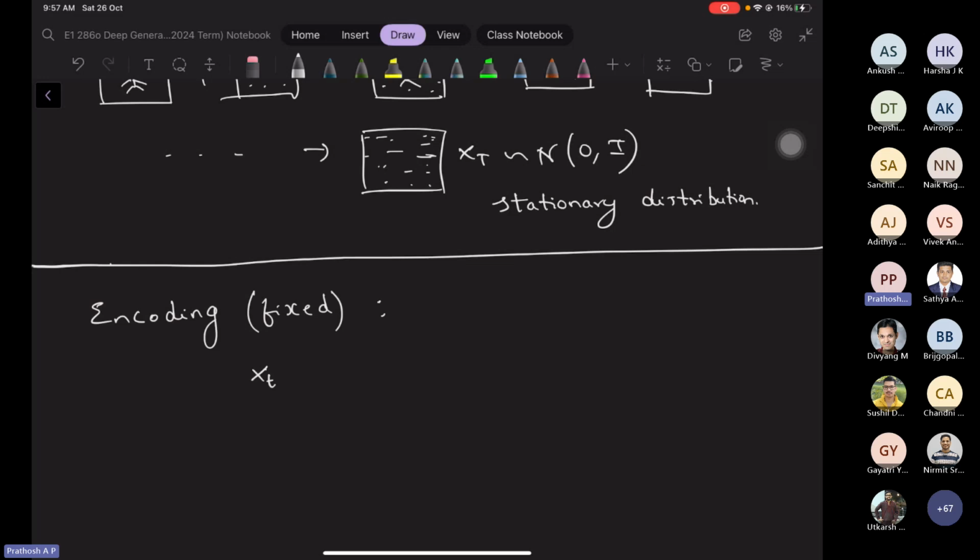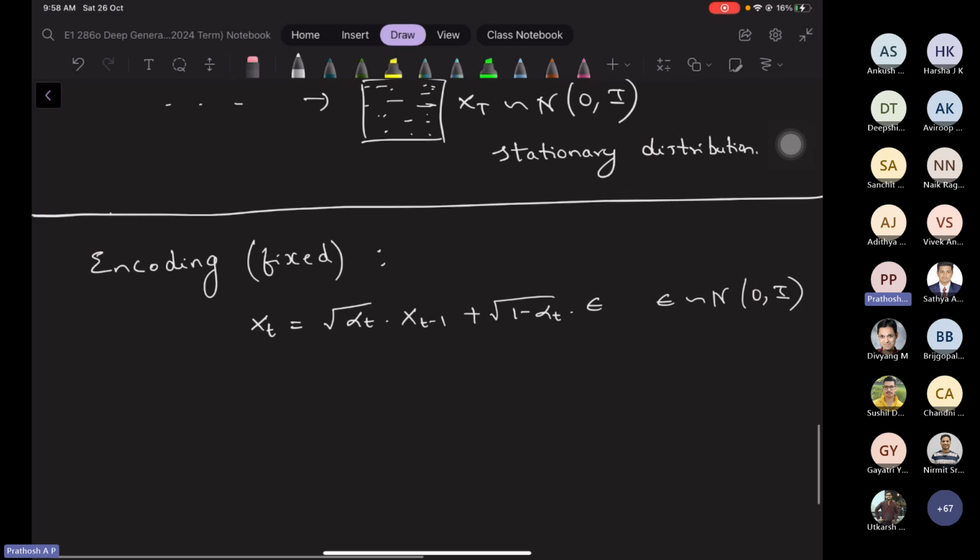We have x_t equal to root of alpha_t times x_{t-1} plus root of 1 minus alpha_t times epsilon, where epsilon comes from normal 0, 1. This is the encoding process, correct? So this implies the conditional distribution of any x_t given x_{t-1}.